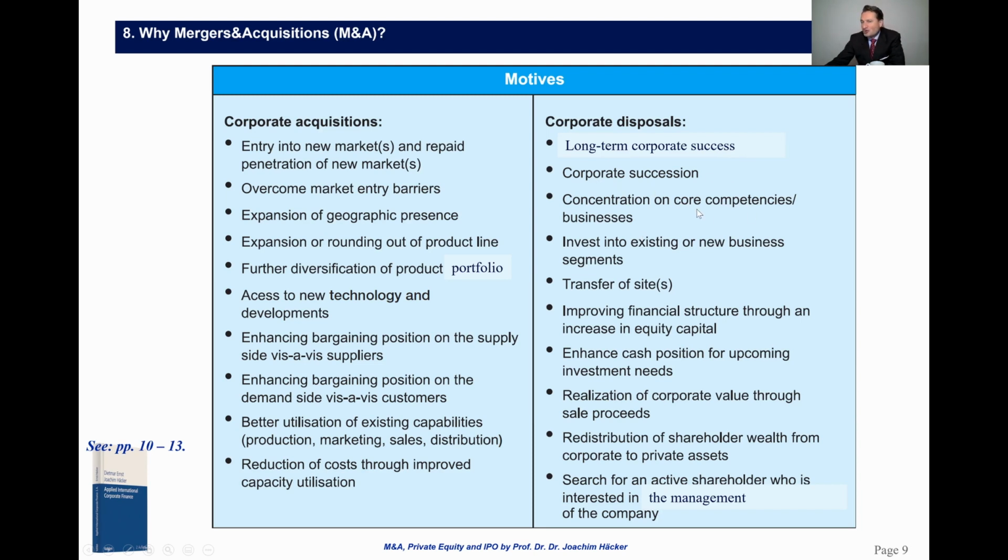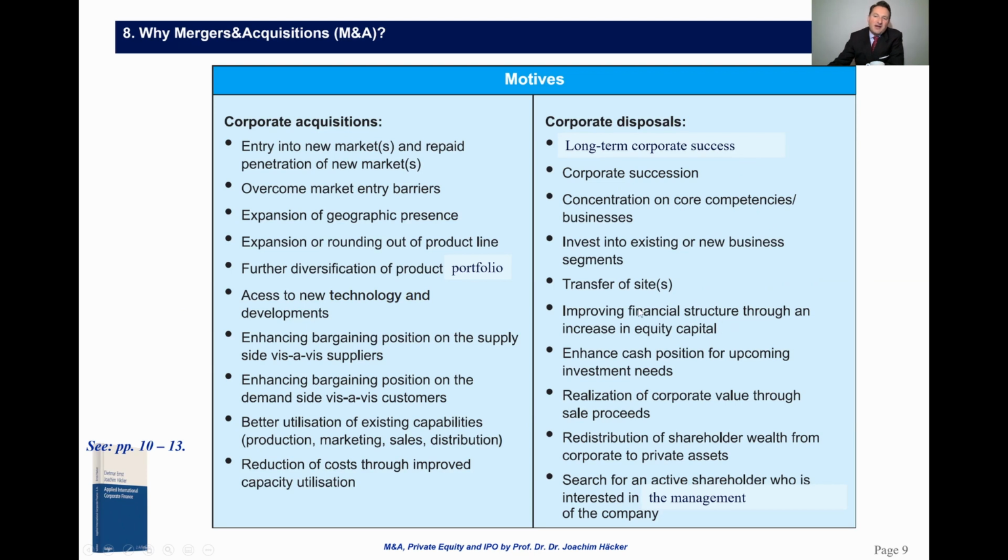You might want to focus on core competencies. You carve out some parts of your entity and sell that. Or you want to invest into existing or new business segments. You want to transfer sites.